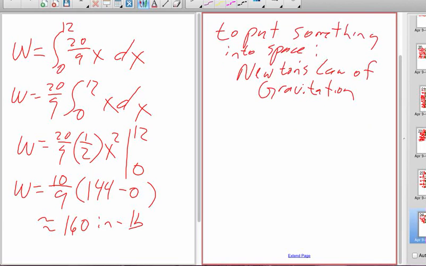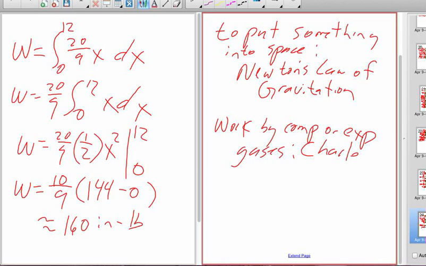If you're dealing with work done by compressing or expanding gases, you'll deal with Charles' law. And for some electrical work, you'll be dealing with Coulomb's law. And these are all in your book.